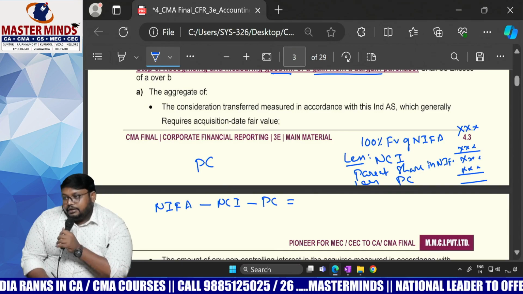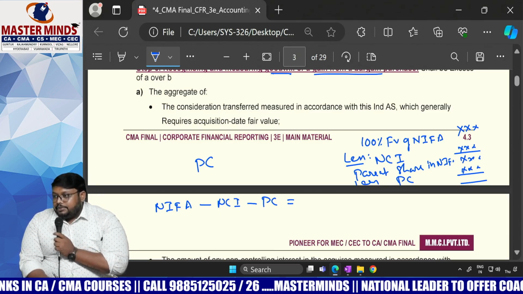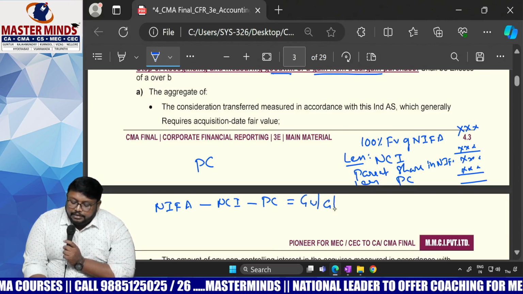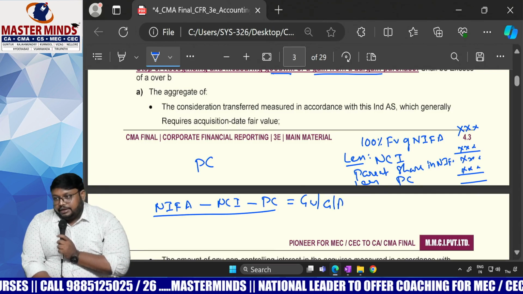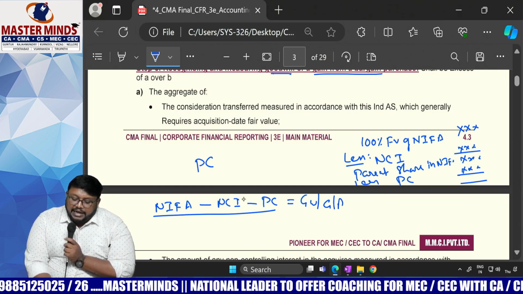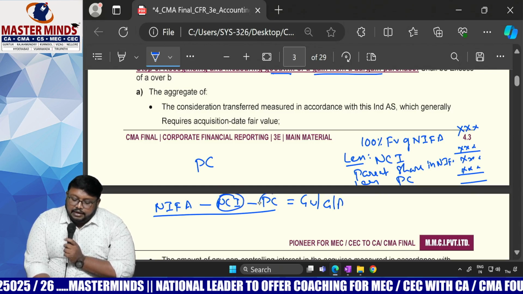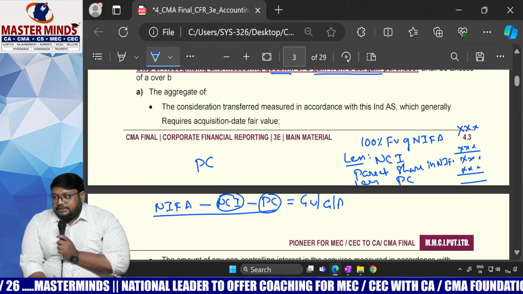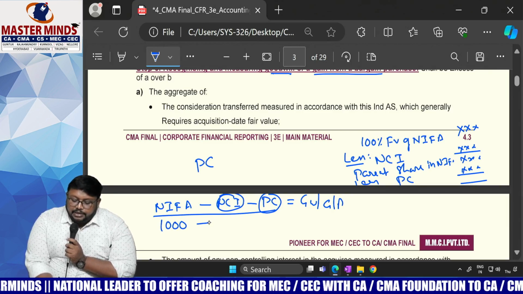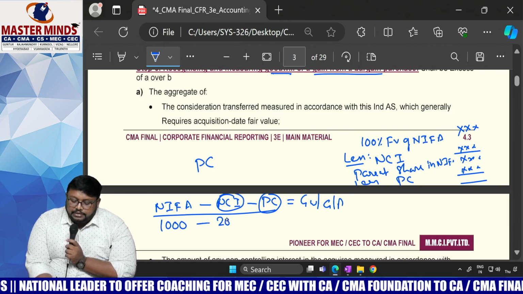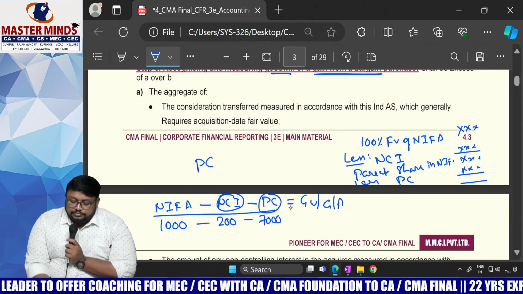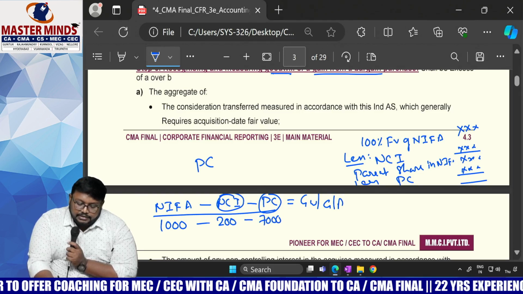We will get either goodwill or gain on bargain purchase. This is the method we followed regularly, but they have given another one also. Simply, first add NCI and purchase consideration. For example, 1000 net identifiable assets, in that 200 NCI, and 700 purchase consideration.